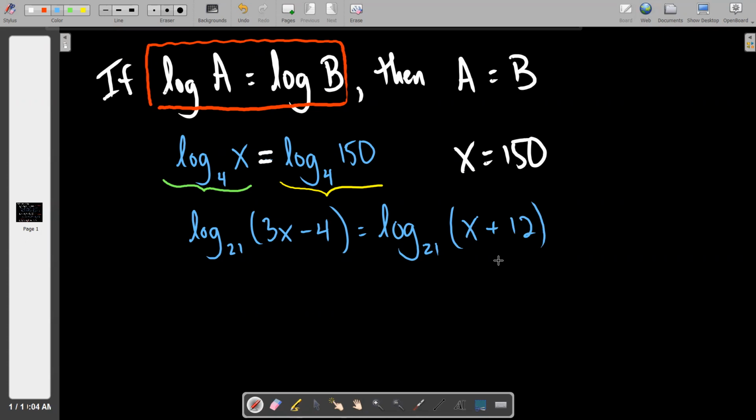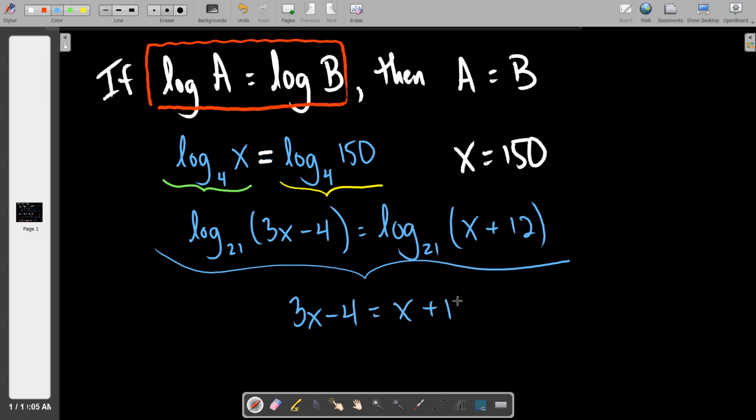There's no conversational way around the fact that the things in parentheses have to equal each other. So if this is a true statement, then we can jump out of this statement and say, oh, so then 3x minus 4 has to equal x plus 12. It's a fact. Got it?